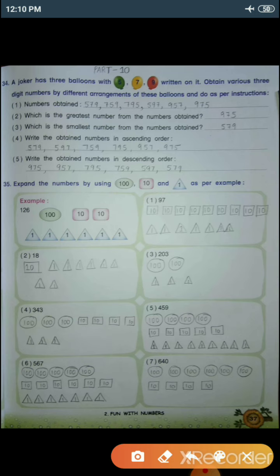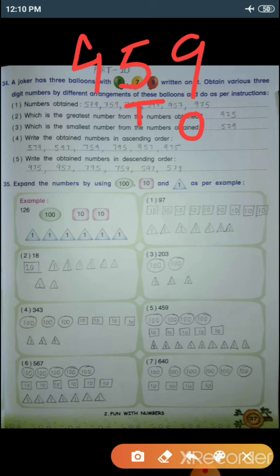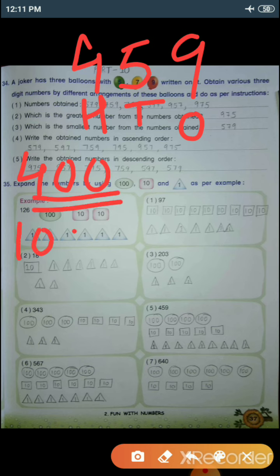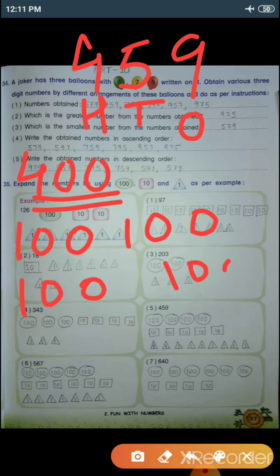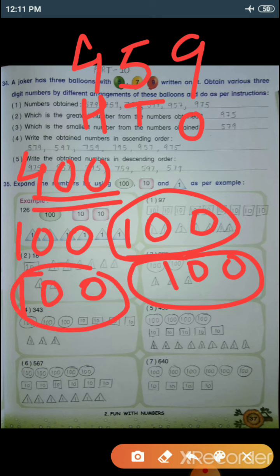Now let's take 459. So 9 is on ones place, 5 is on tens place, and 4 is on hundreds place. So the value of 4 is 400. That means how many times do we need to write 100? 4 times. Very good. And we keep it in circular form.